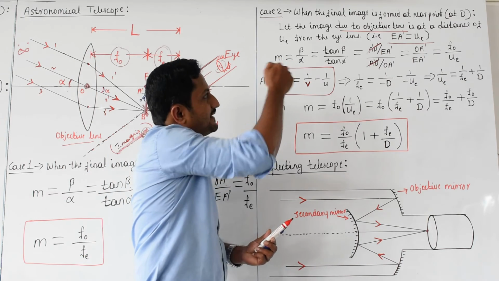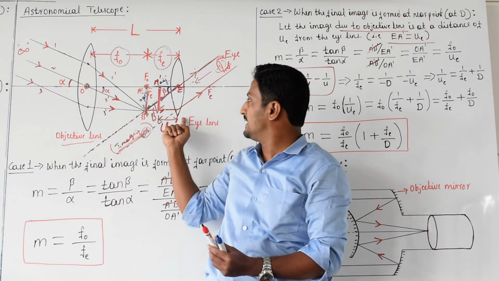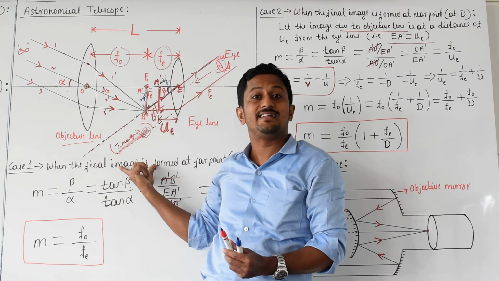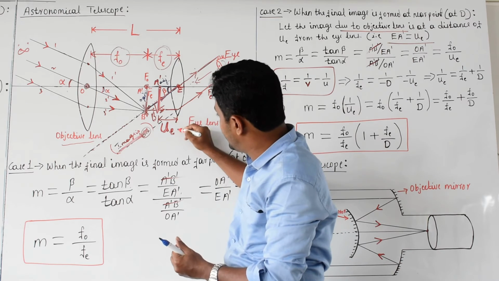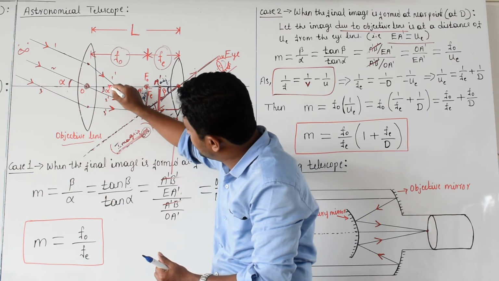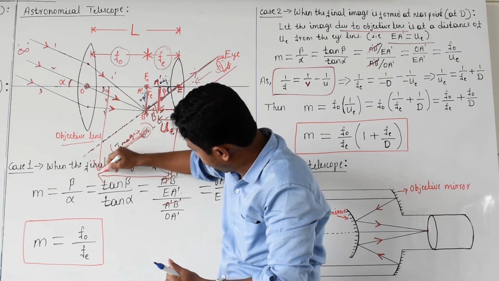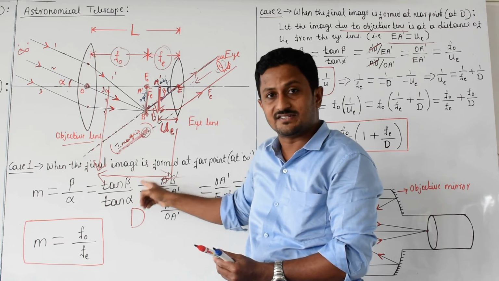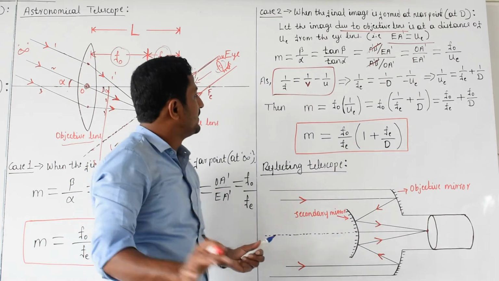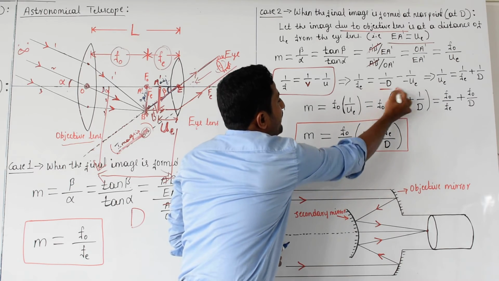Our case says the final image, I mean the image for the eye lens, is at D distance. Somewhere here that image is going to be produced. This is the distance which we call D, the image distance. I have taken it as minus D.